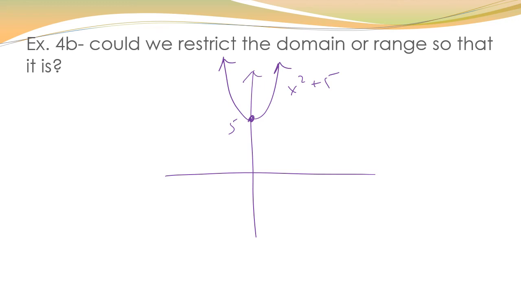The reason that inverse is not a function is because it has both arms of the parabola rotated around. So I could restrict the domain. If I don't want both those arms, I could cut my parabola in half. I'm going to draw a big thick line there. And I could restrict the domain to be just that or just that.